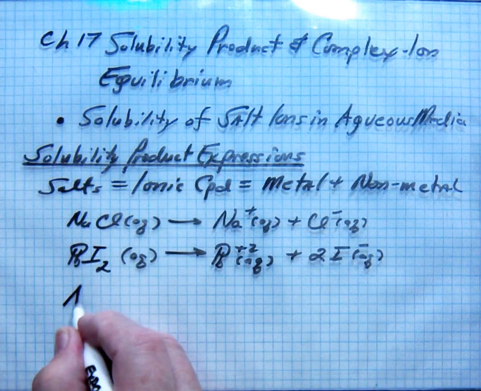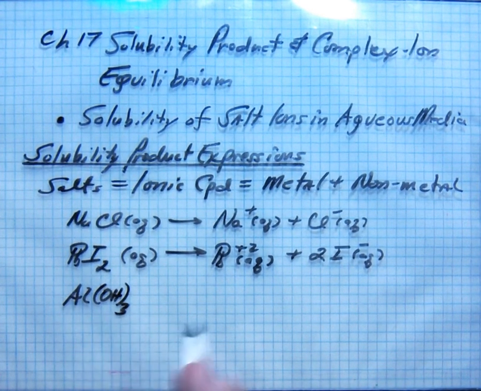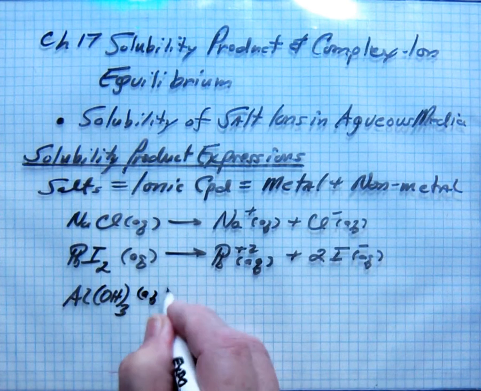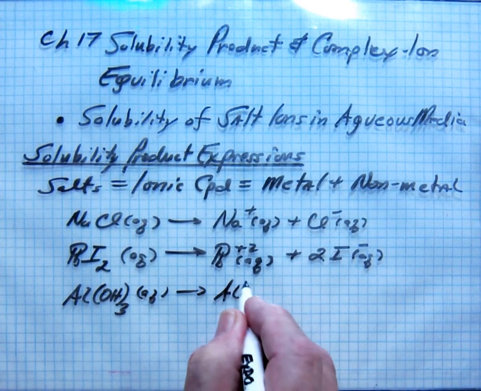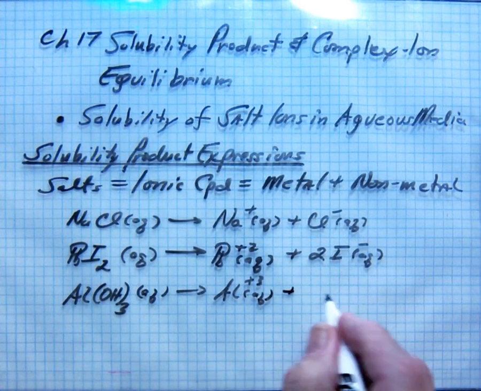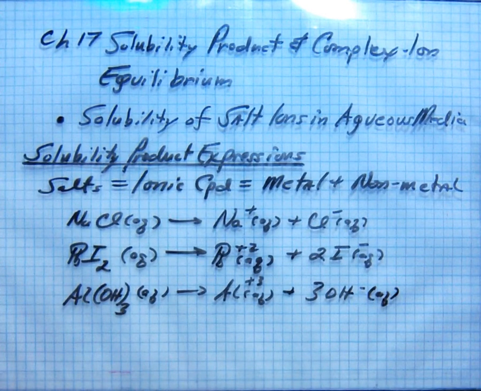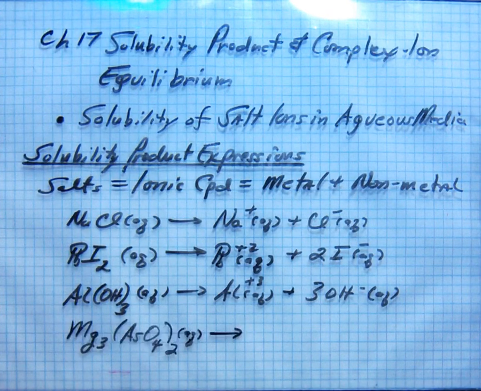How about aluminum hydroxide? There is a point to my making this list. Al3+ aqueous plus 3 hydroxides, aqueous. Okay, and one more that I want to use. That's magnesium arsenate.